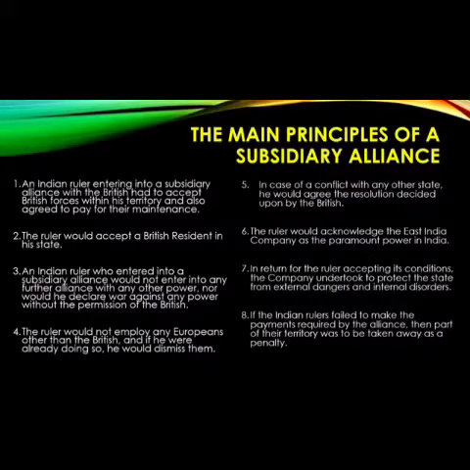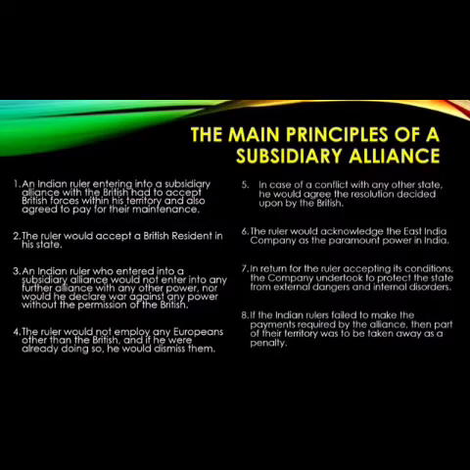The ruler would not employ any Europeans other than the British, and if he were already doing so, he would dismiss them. In case of a conflict with any other state, he would agree to the resolution decided upon by the British. The ruler would acknowledge the East India Company as the paramount power in India.